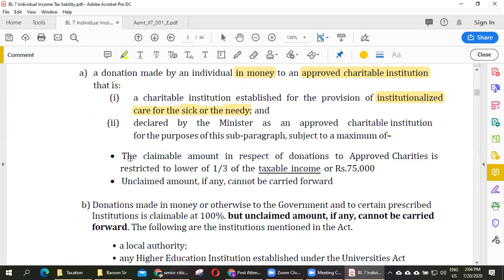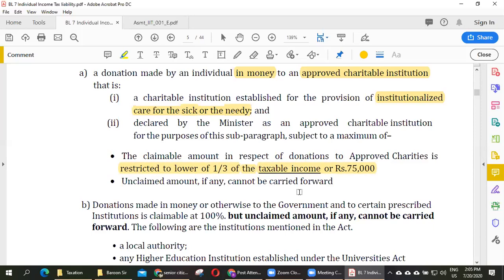And the maximum limit. Whatsoever amount you can give them as a donation, but the act has given some restrictions. The restriction is one third of taxable income or 75,000, whichever is lower. The claimable amount in respect of donations to approved charities is restricted to the lower of one third of taxable income or 75,000.